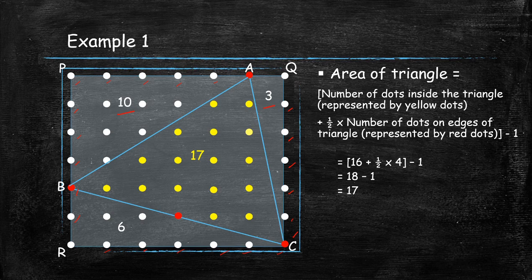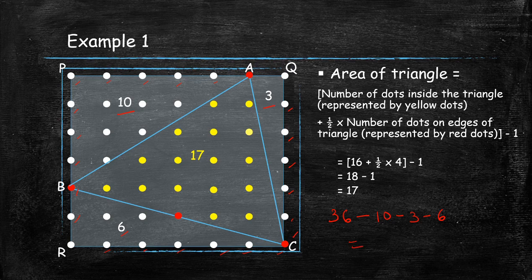So we got 3 numbers, 10, 3, 6. So what we can do, what is the area of this square? 6 into 6, 36 square units we found last time. So now we just subtract. So 36 minus 10 minus 3 minus 6.